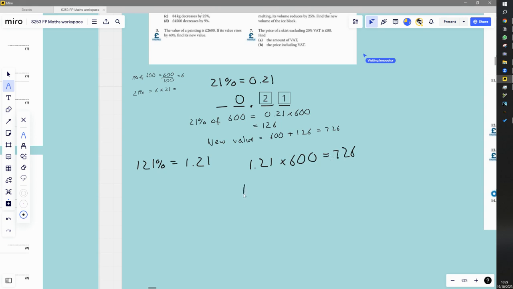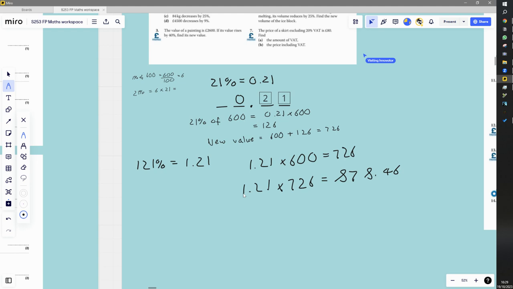And now what we want to do is 1.21 times the amount after the first increase, so 726 times 1.21, and that gives us 878.46.